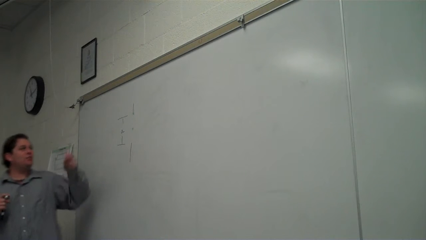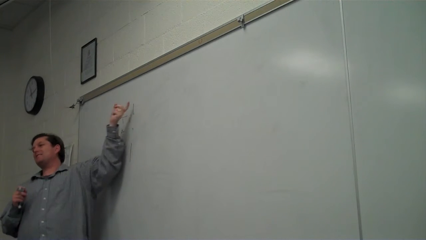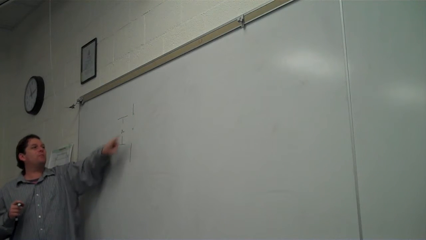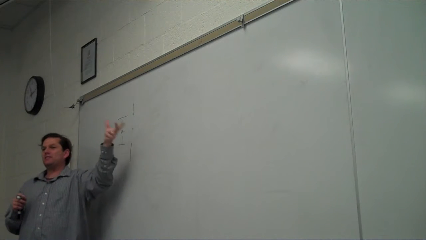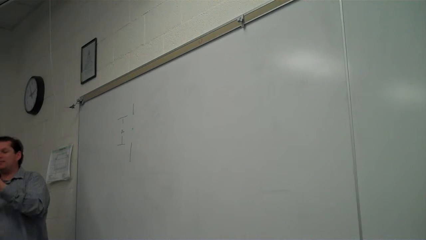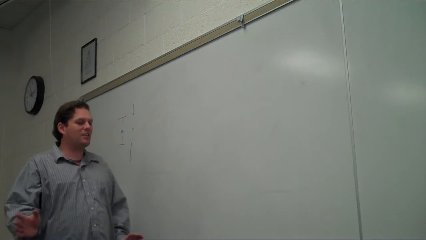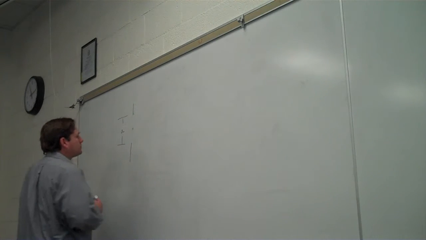So even though you may have your laser back here and it's sending the beam over here, it can still be approximated by an infinite number of points from here to here, emitting some form of light in phase with one another. But we don't want to deal with an infinite number of sources, or at least not yet, because that gets kind of confusing. So we'll just take the two.